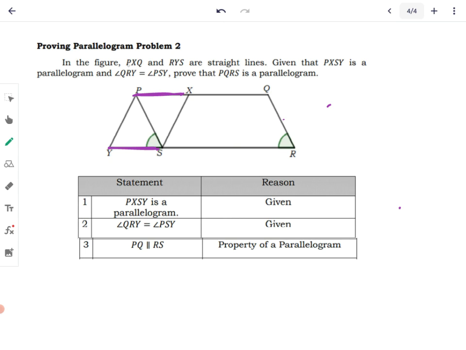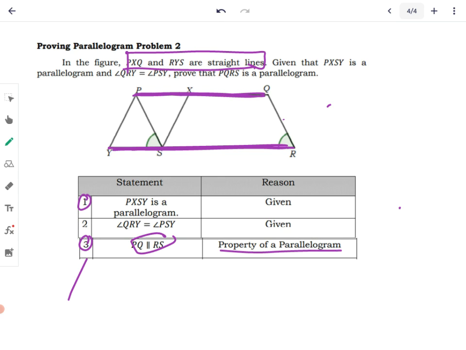So since this one is a straight line, we can extend this line as PQ, and RS, because this is just one straight line. So if 1, then 3. If 1 is our premise, then we can conclude 3, PQ parallel to RS. Why is that?